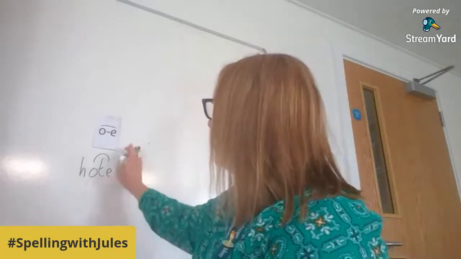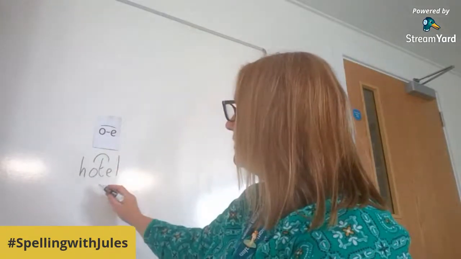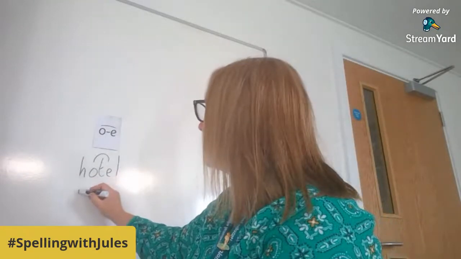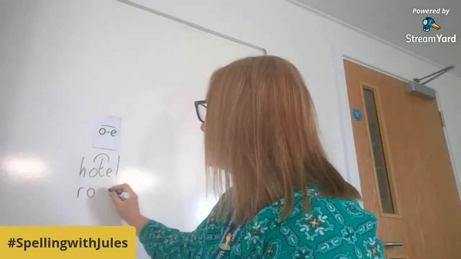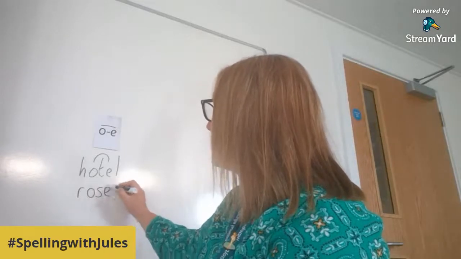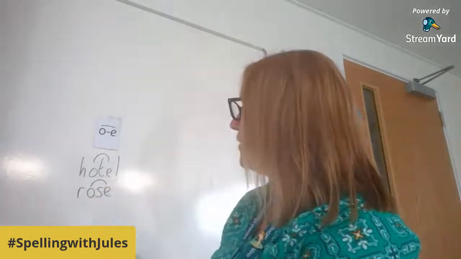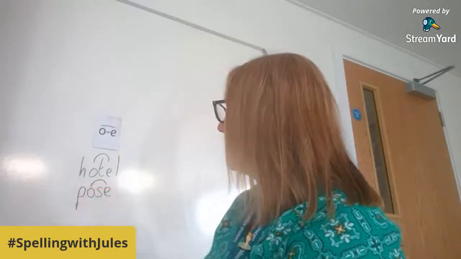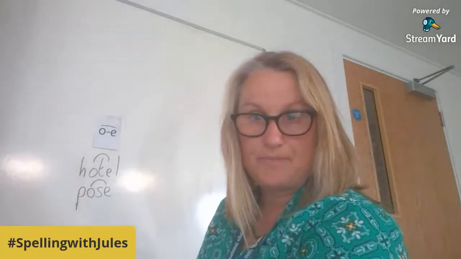So can you see how hot becomes hotel? So we don't have a word hote, but we do have hotel. So same thing. Okay, and rose, yeah. So we've got that lovely rose. Okay, or I could take off the R and I could put a P, and it would become pose.